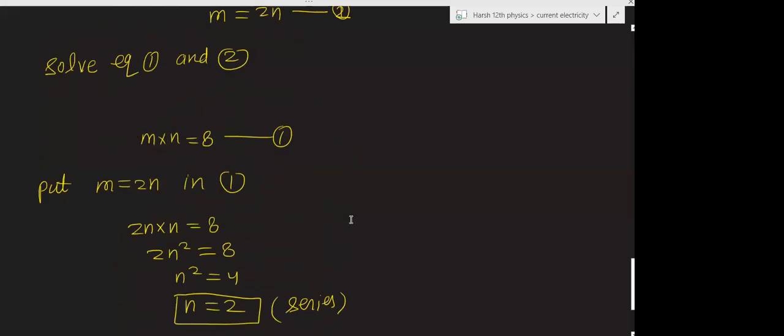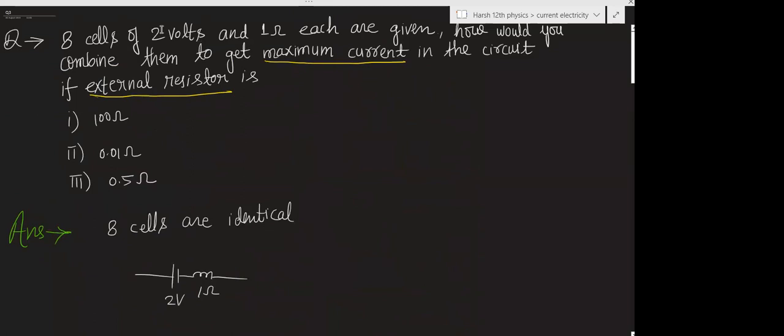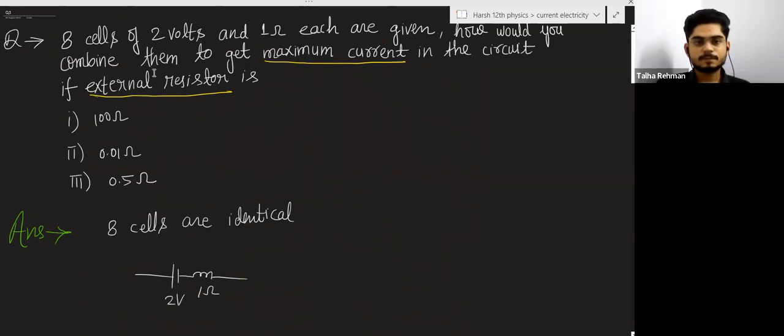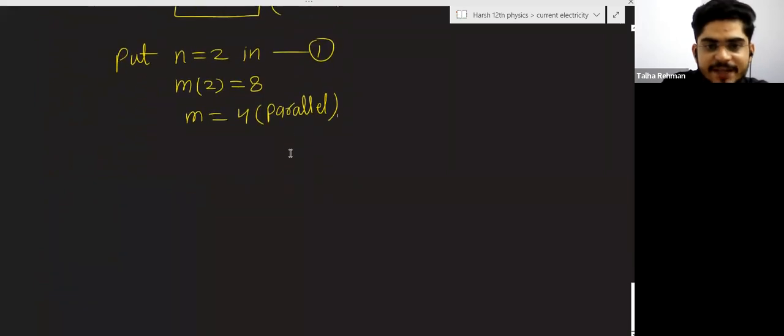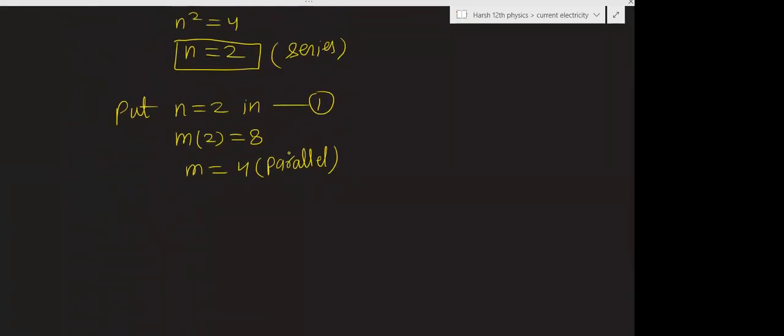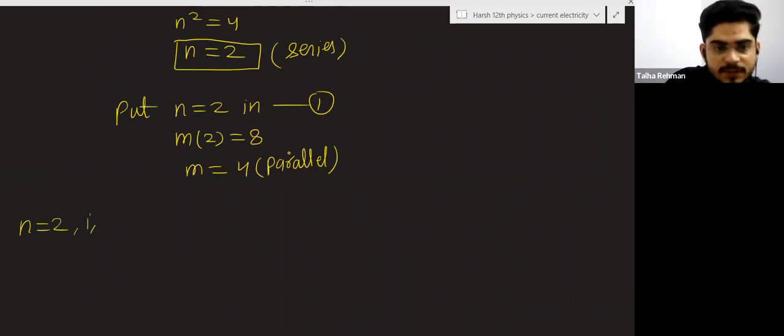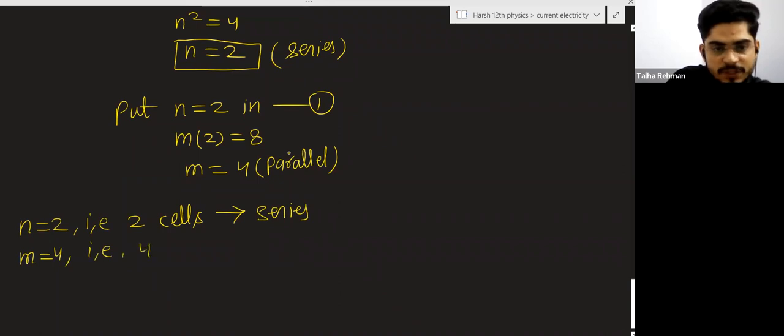They are asking that with 8 cells, how would you combine them to get the maximum current in the circuit? You will connect N equal to 2, that is 2 cells you will connect in series, and M equal to 4, that is 4 cells you will connect in parallel.